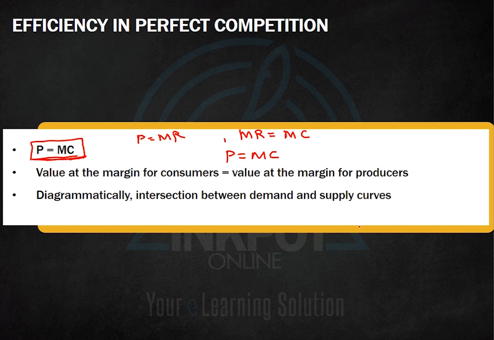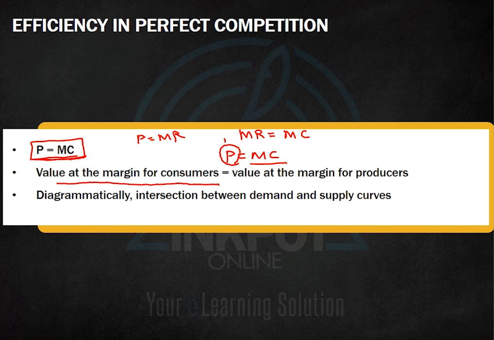Now what is the meaning of this P equal to MC rule? Price is basically the value of the unit at the margin for consumers. People are willing to pay this price, which means that they value that unit of the product that they are buying at this price P. MC is the value at the margin of that unit for producers.